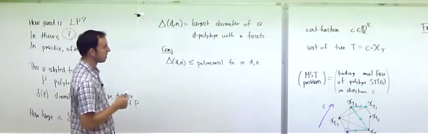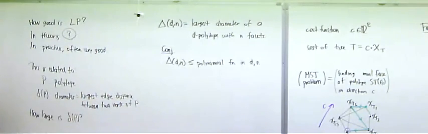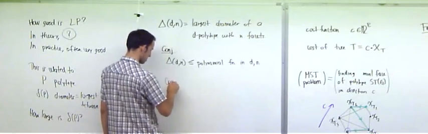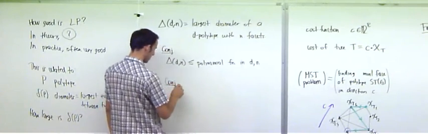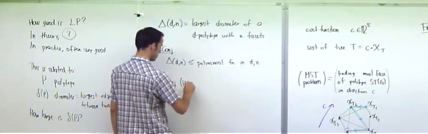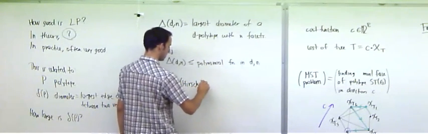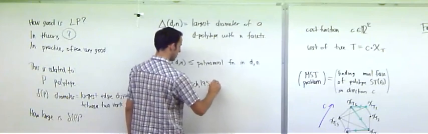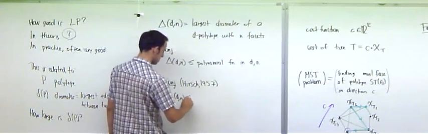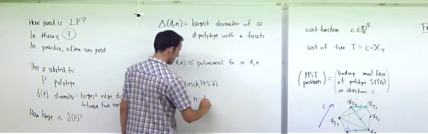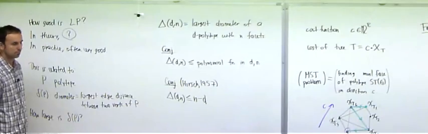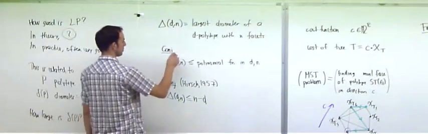But actually, people are much more optimistic than this. Here's a conjecture, due to Hirsch in 1957. This conjecture says that not only is this true, but actually it's this.